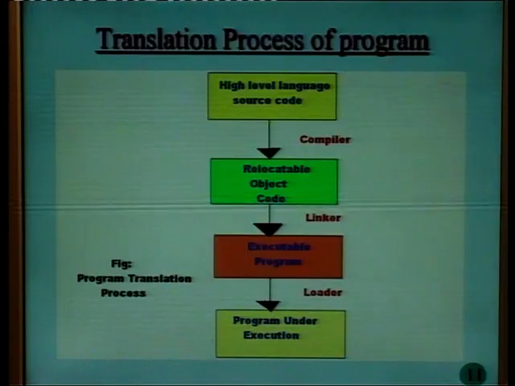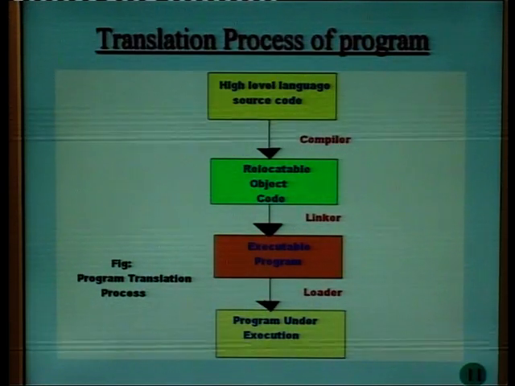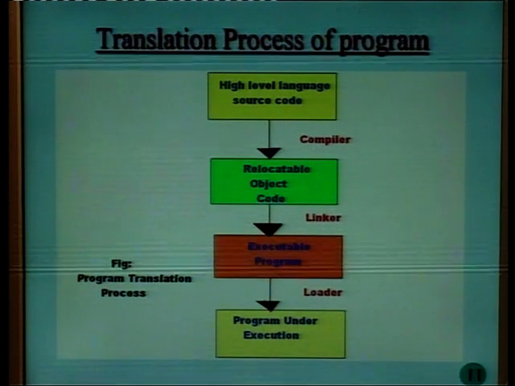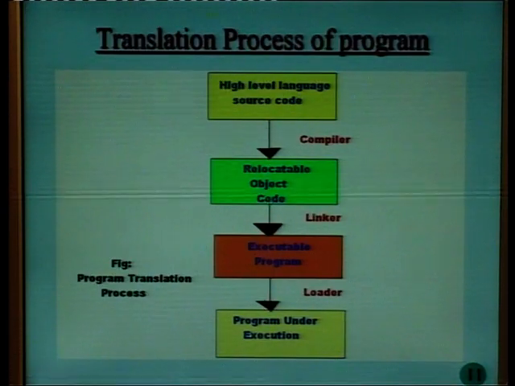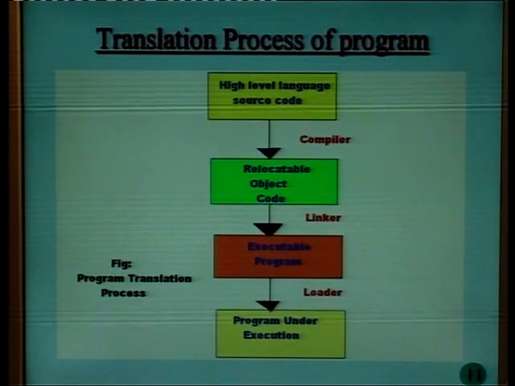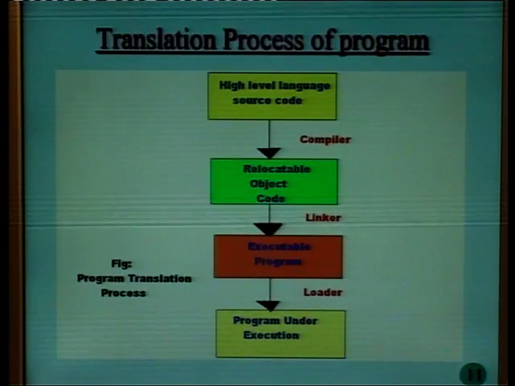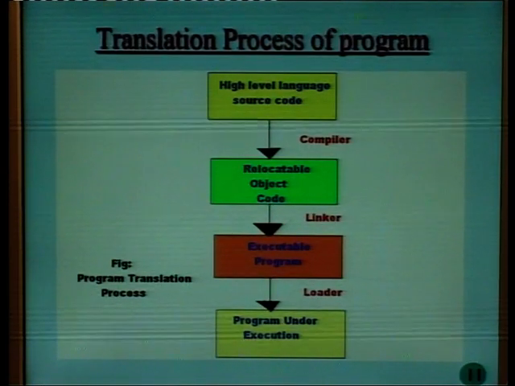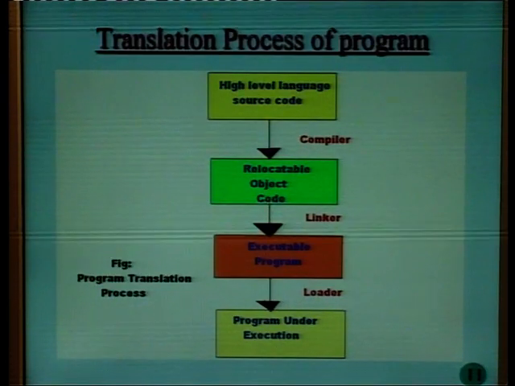For that we design a system software, the compiler, that will help to convert the source program written in the high level language into the form of 0s and 1s, with some information for the linker or loader. When we have object code in the form of 0s and 1s, the linker, using relocatable object code, links different object modules and makes a single executable file.